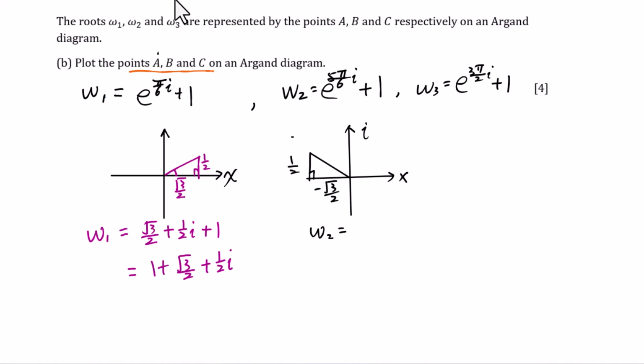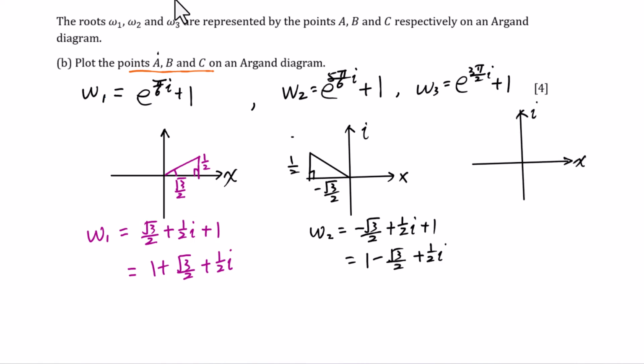Omega 2 = -√3/2 + (1/2)i + 1, which equals 1 - √3/2 + (1/2)i. For e^(i3π/2), it's negative i. So omega 3 = -i + 1.